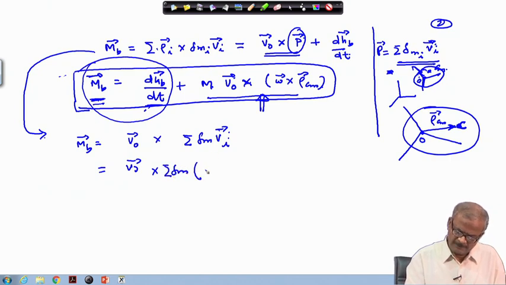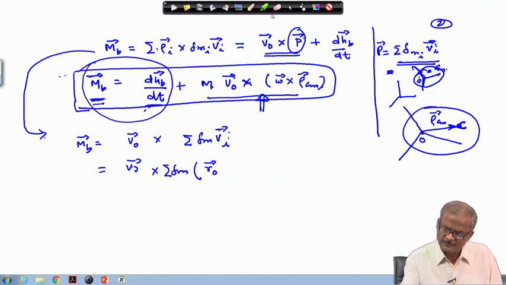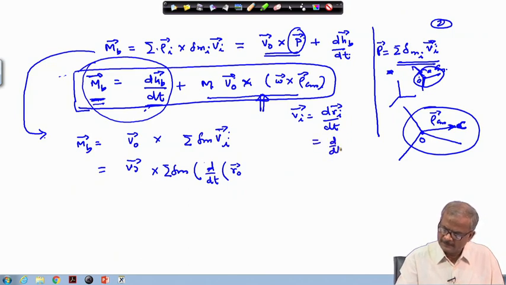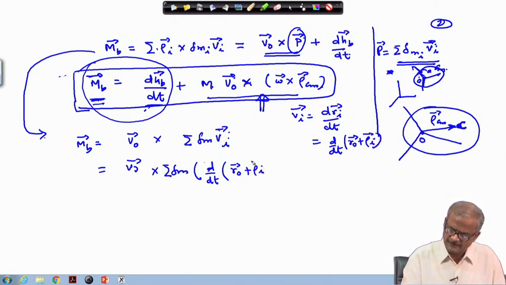Now, this V_i can be written as d by dt. Basically, your V_i is d r_i by dt, and r_i is nothing but r_0 plus rho_i. So, we need to take the derivative of this.